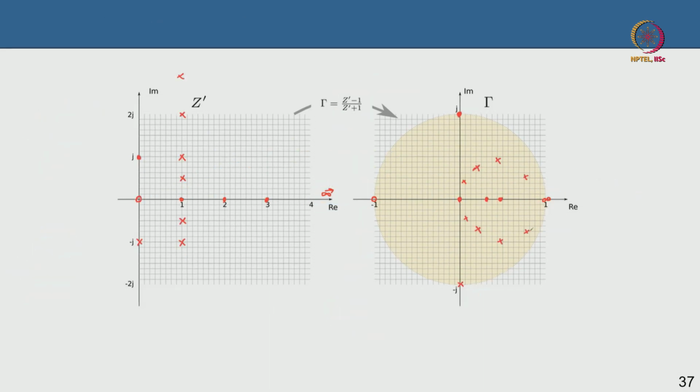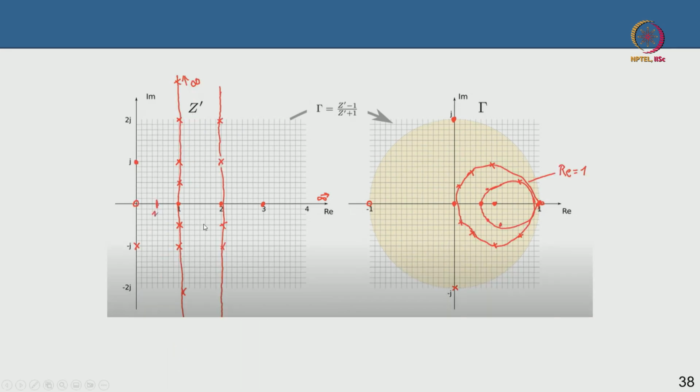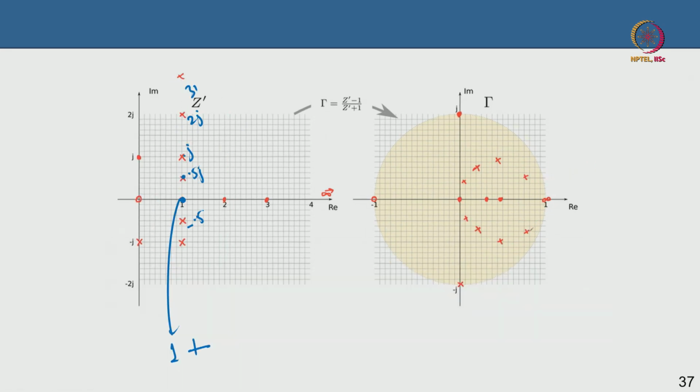Now here is the beauty. Now what I am going to do is fix the real part as 1, and I can keep changing the imaginary part. So this is point 0.5j, this is j, this is 2j, 3j, etc. Suppose this is minus 0.5j, this is minus j, this is minus 2j, etc. So I can have 1 plus 0.5j, 1 minus 0.5j, 1 plus 1j, 1 minus 1j.